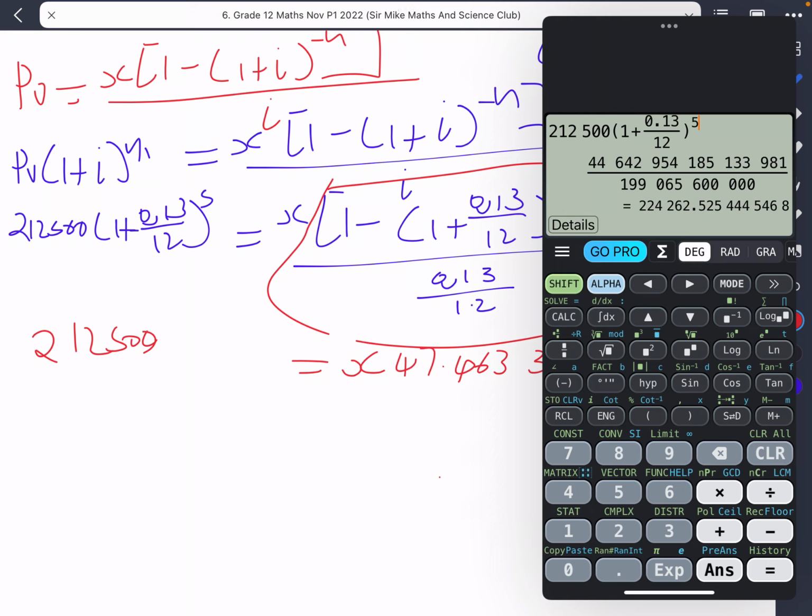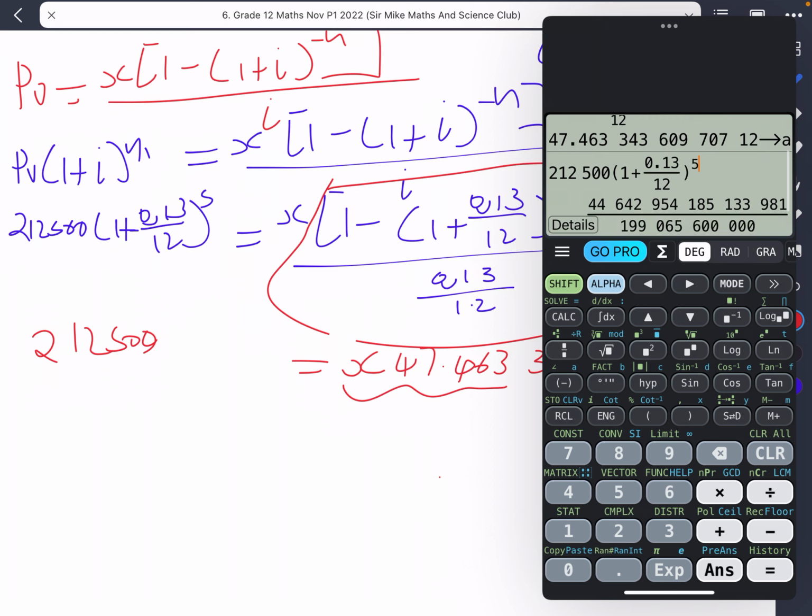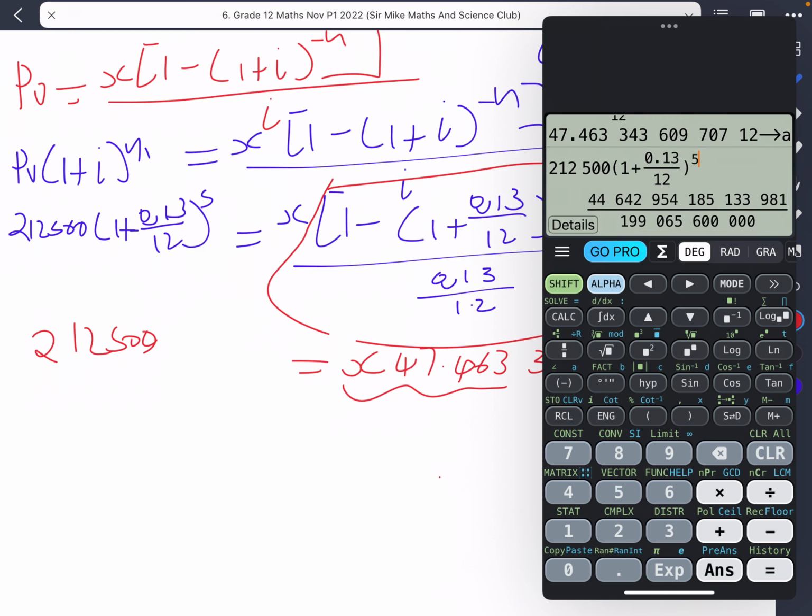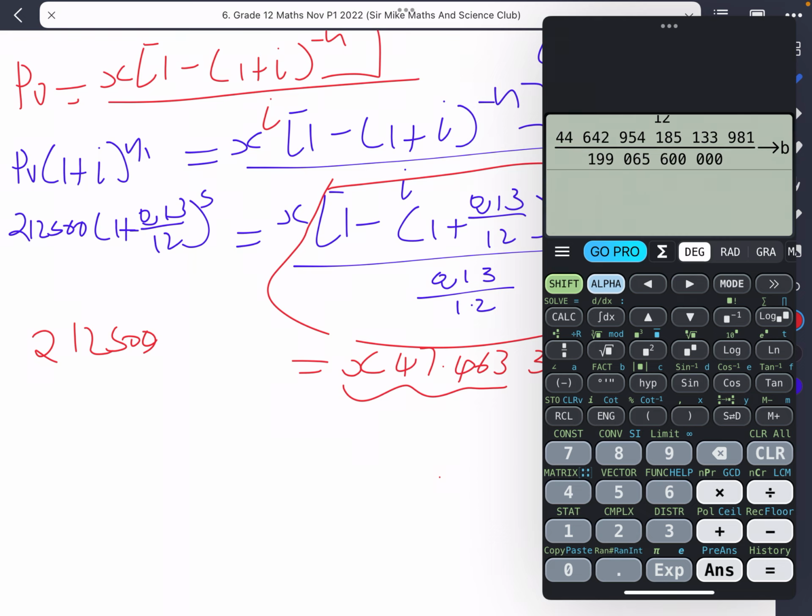So I have 212,500. We multiply that by 1 plus 0.13, all divided by 12, and we raise all of that to the power 5. Again you would have those lovely cents.